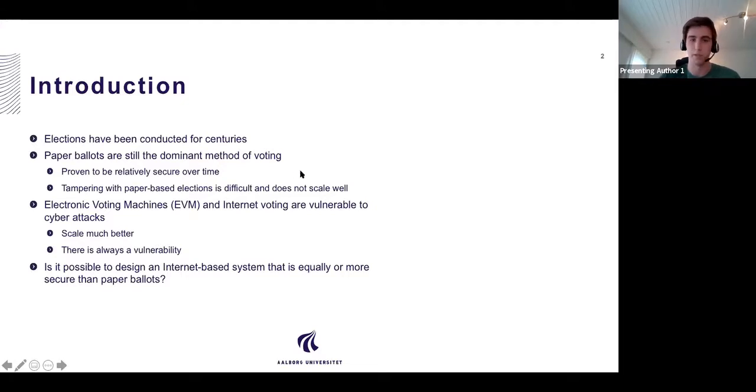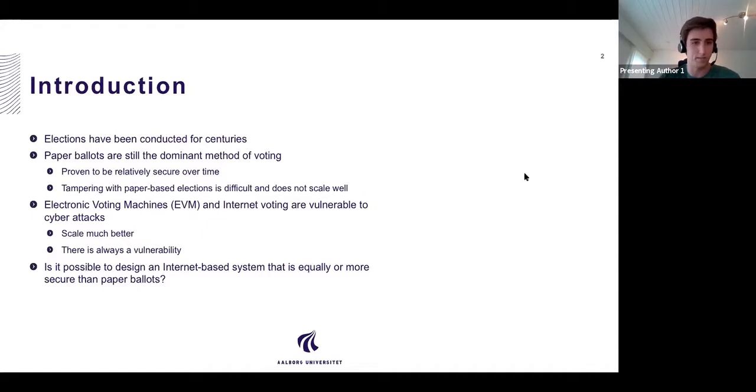On the opposite, we have electronic voting machines and internet voting, which are much more vulnerable because they can be attacked through a large number of different cyber attacks, and they scale much better. So if you find a vulnerability in an EVM or an internet voting system, you might destroy the entire election because it scales so well.